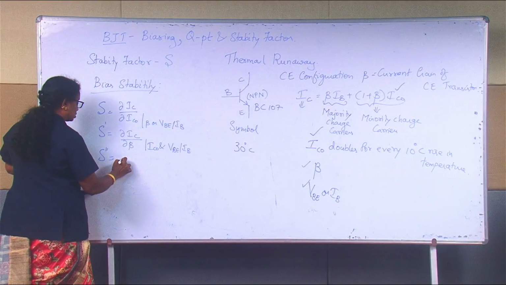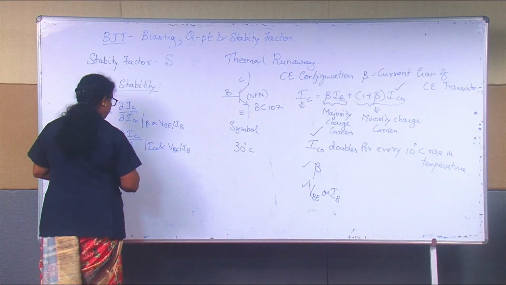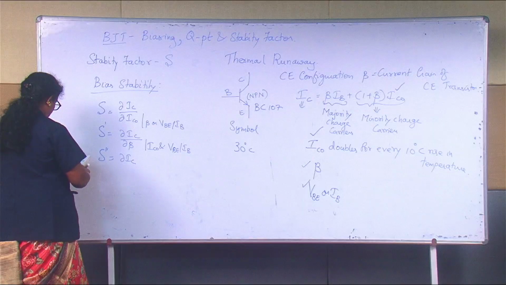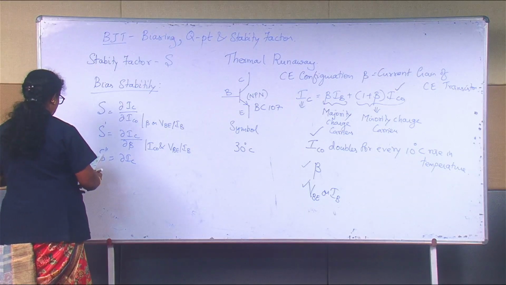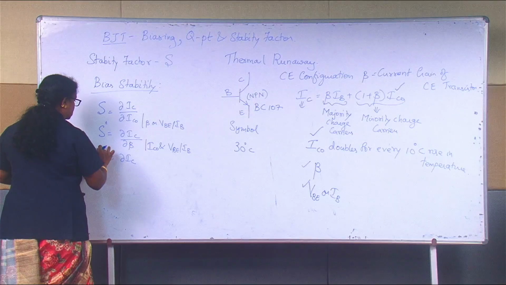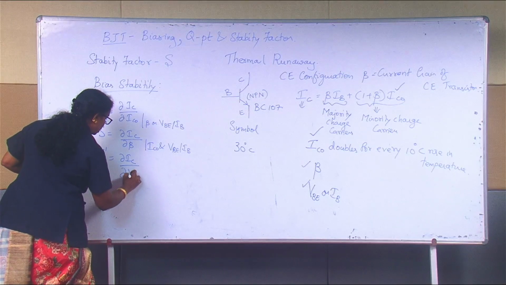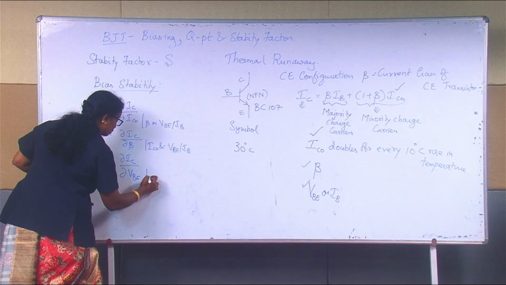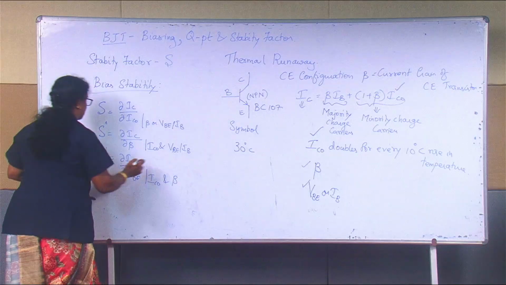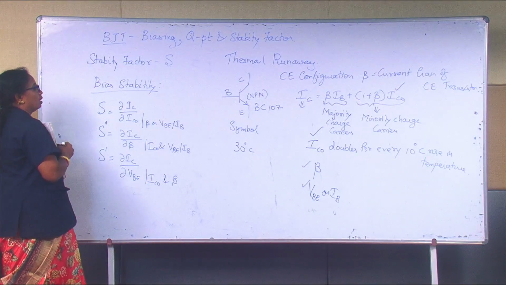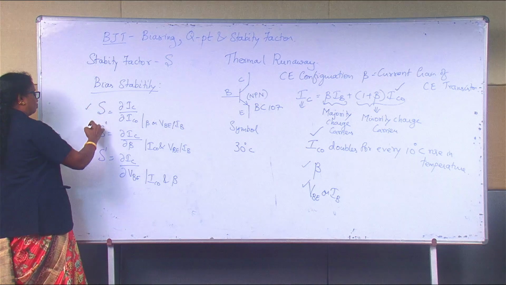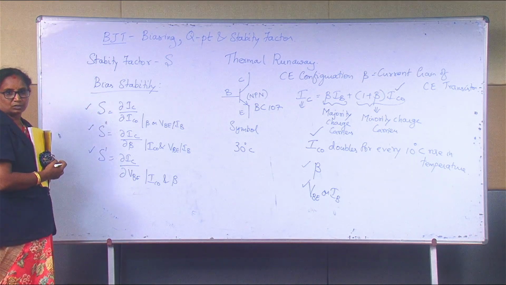S double dash is dou IC by dou VBE for a constant ICO and beta. So for any biasing circuit, we can find these three stability factors.